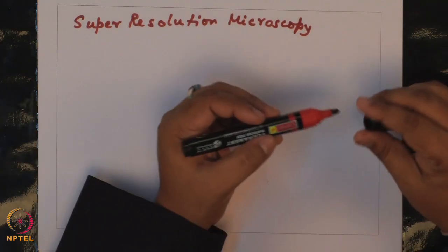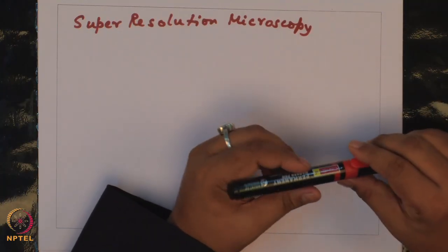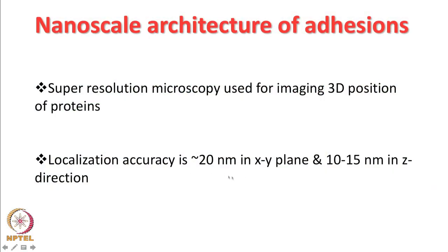Okay. In super resolution microscopy, you can actually detect the 3D position of proteins. Why is that? Because the localization accuracy is within 20 nanometers in the xy plane and 10 to 15 nanometers in the z direction. So, this will really help you identify how these proteins are located along the xyz plane. Okay.